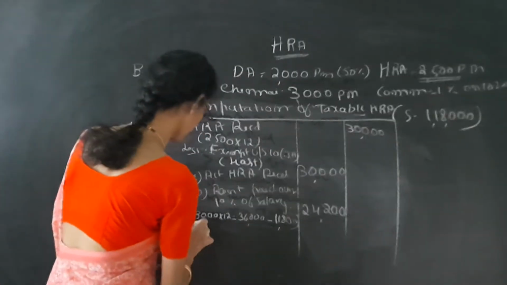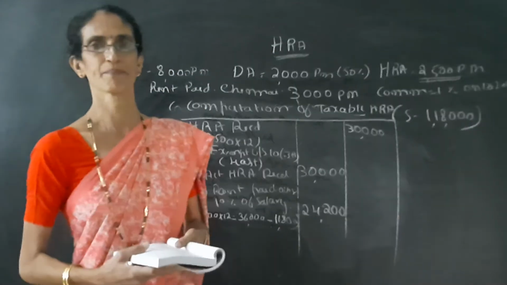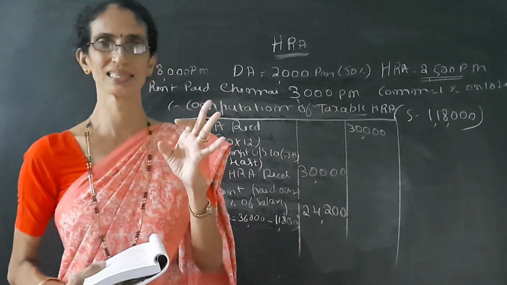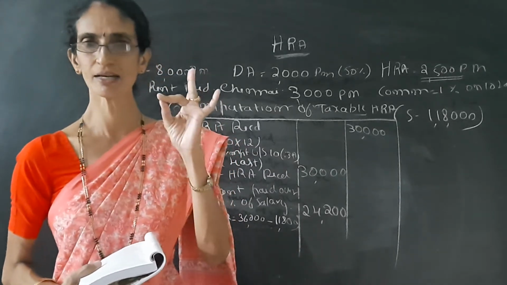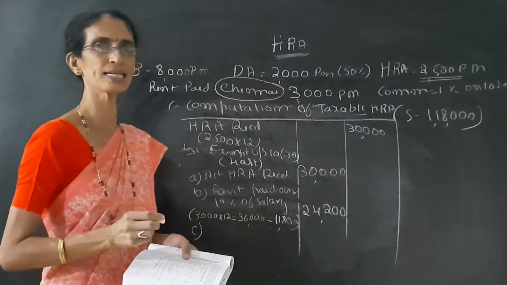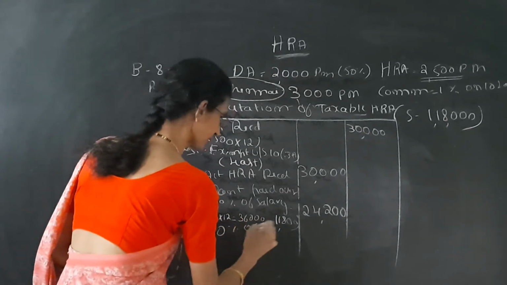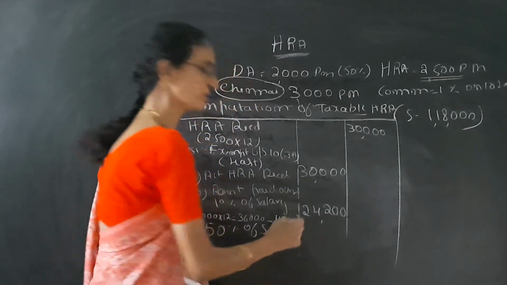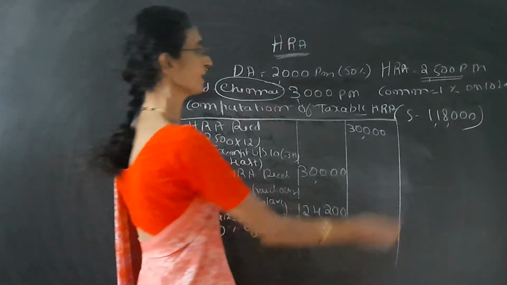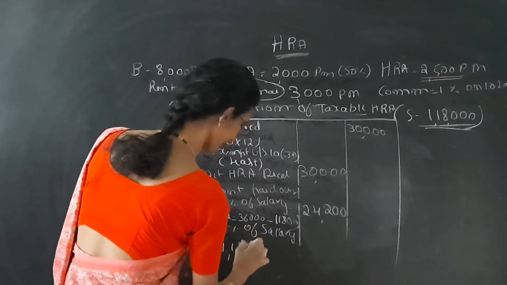So the third rule is 40% of salary or 50% of salary. If the house is situated in Bombay, Calcutta, Chennai and Delhi, it is 50%. Here in this problem it is clearly given the house is situated in Chennai. So Chennai means we have to write here 50% of salary. Salary already calculated in the note is 1,18,000.